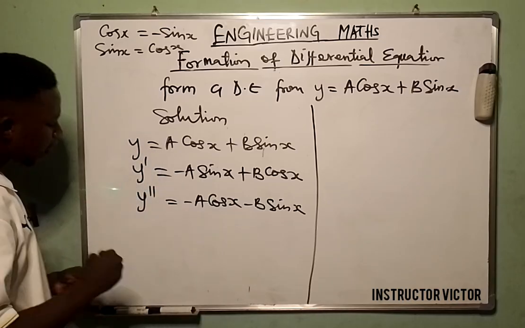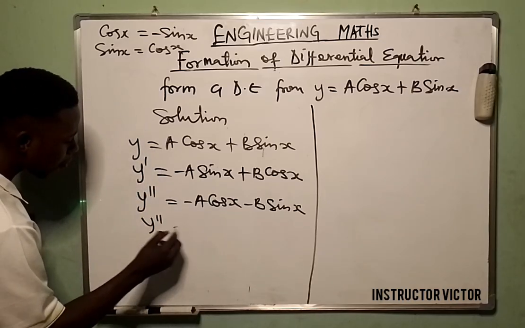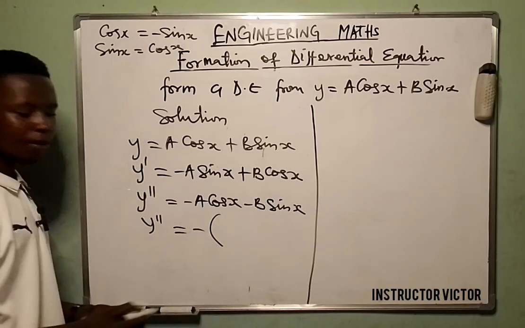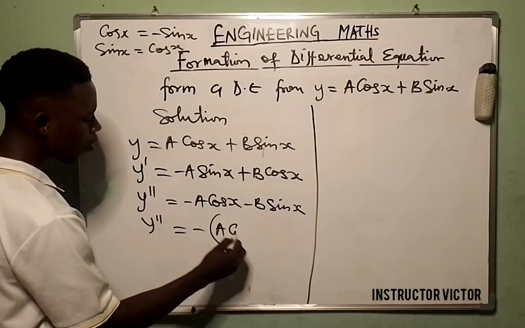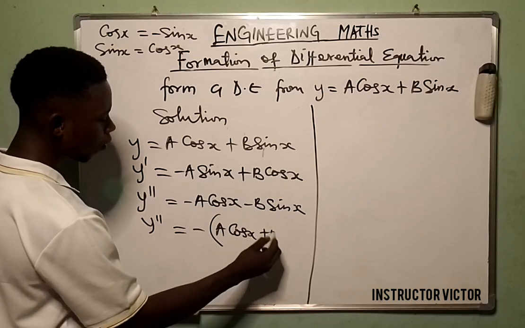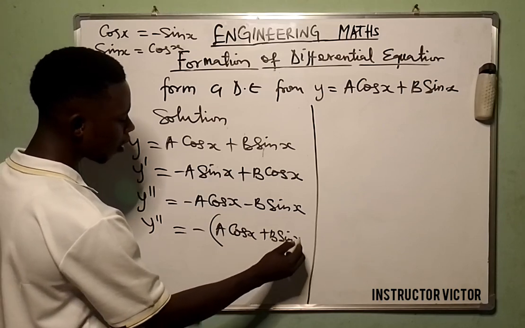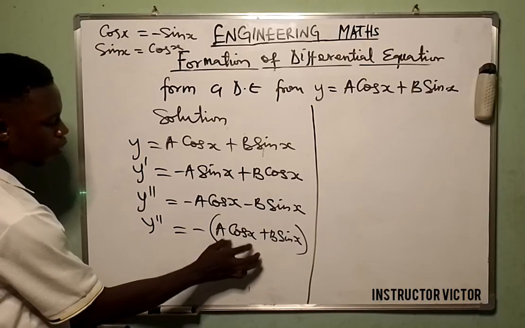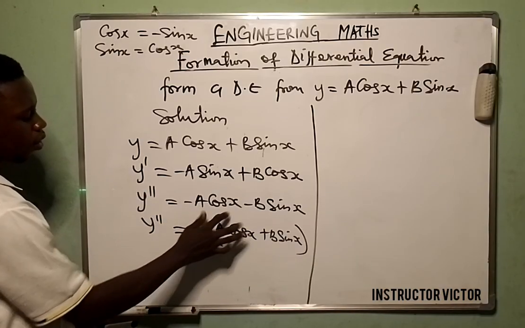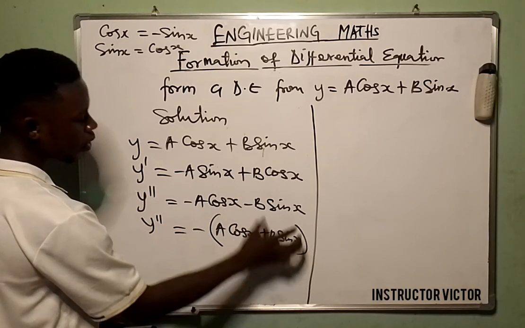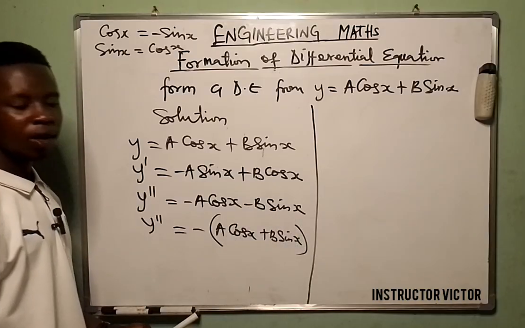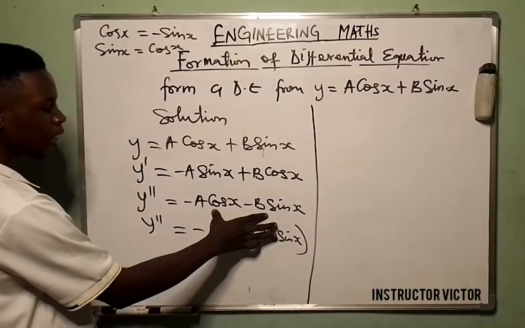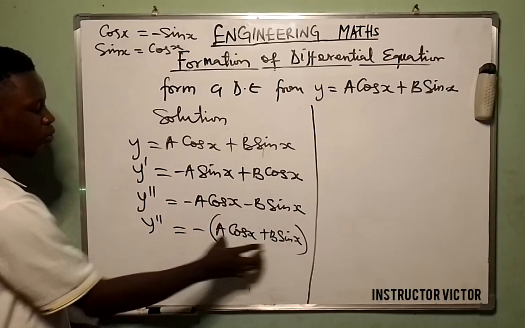We will observe that the second derivative can give us minus, open a bracket, a cos x plus b sine x. If you multiply this minus by what we have inside the bracket, you come back to the original terms, because minus times plus gives minus. So we factor out that minus.